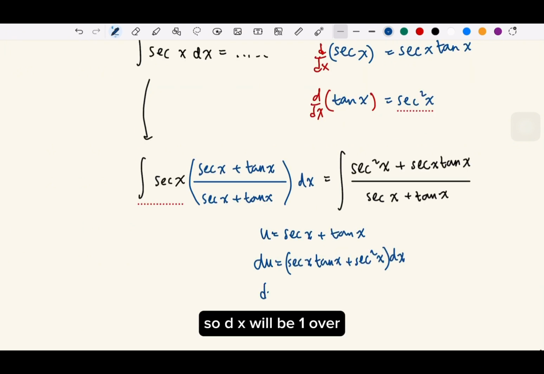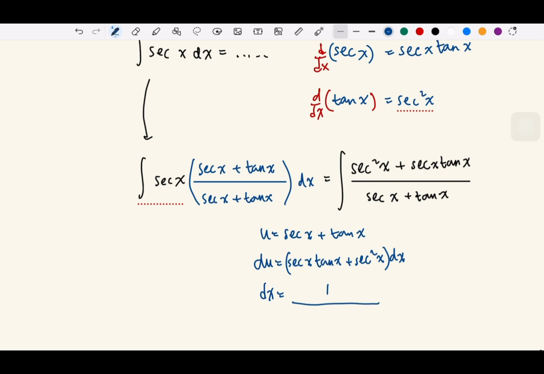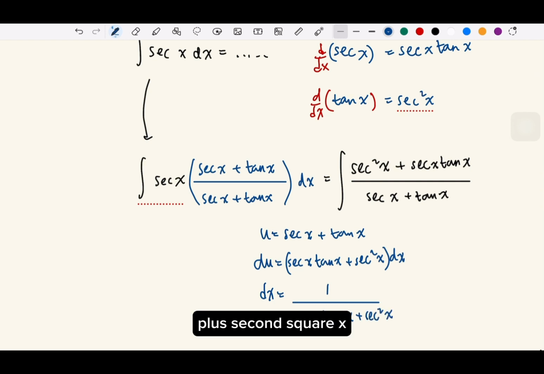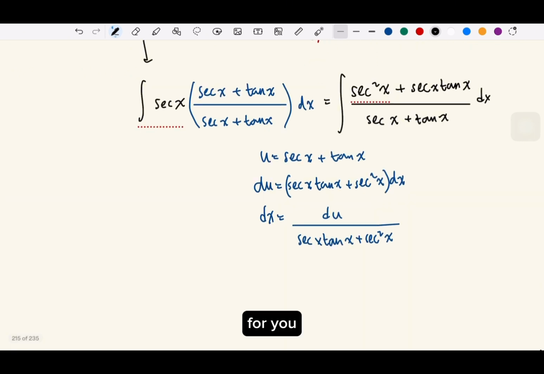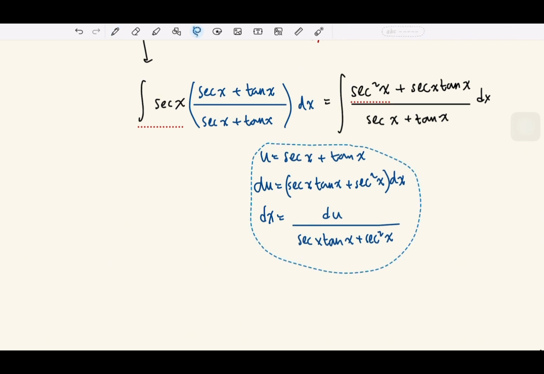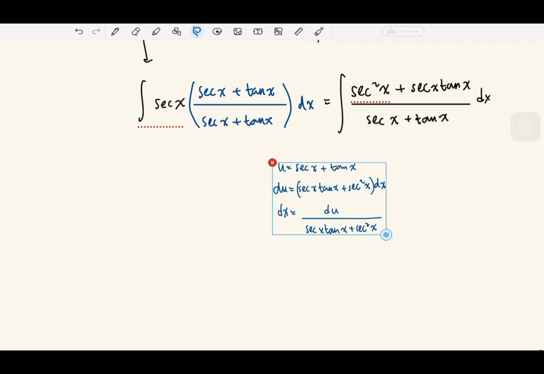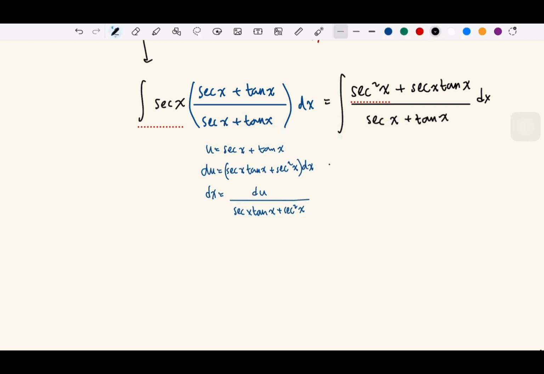So dx will be 1 over secant x tangent x plus secant squared x, and then du.